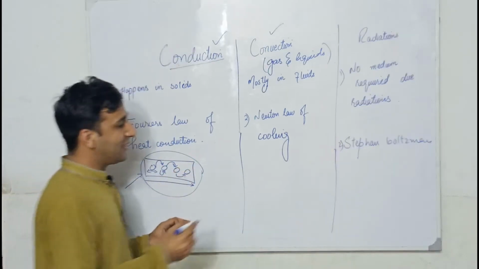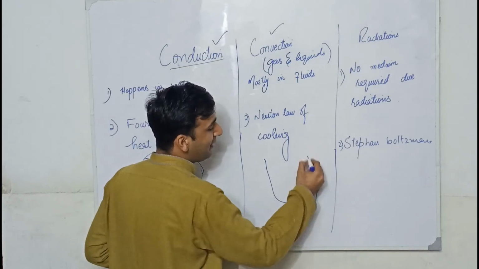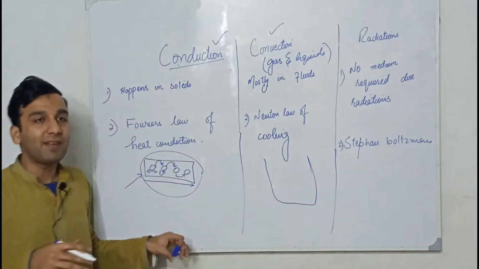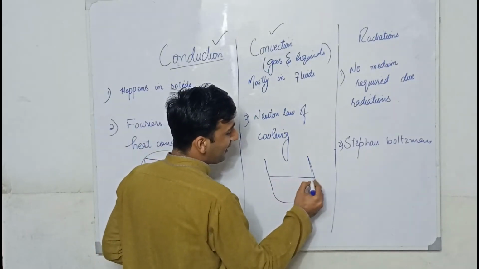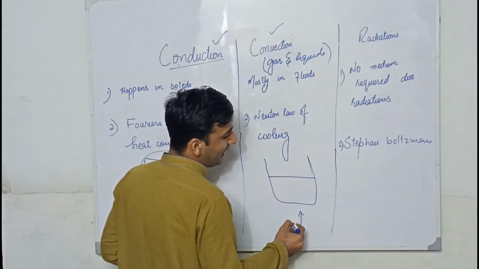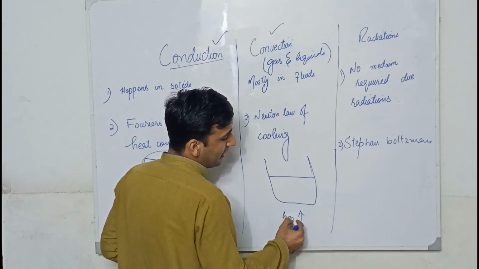When we talk of convection, I will take the same example. Convection happens mostly in liquids and gases, so I will take a liquid. But what will happen when I heat this container?